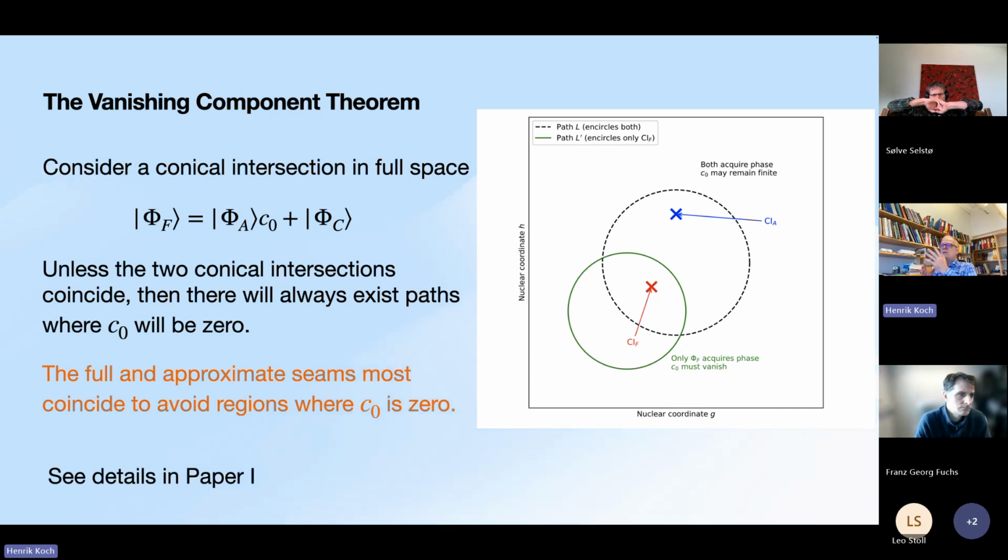So you have to think about this, for instance, in Müller-Plesset perturbation theory, where we start out with a closed shell Hartree-Fock reference. And in that case, what will happen for perturbation theory is that it will converge to an excited state because the exact wave function does not contain the reference.